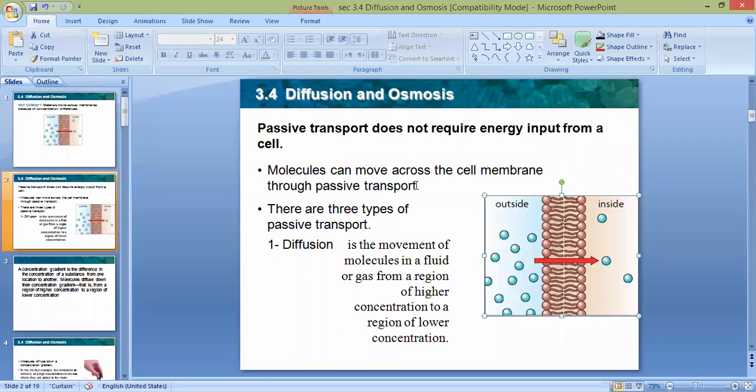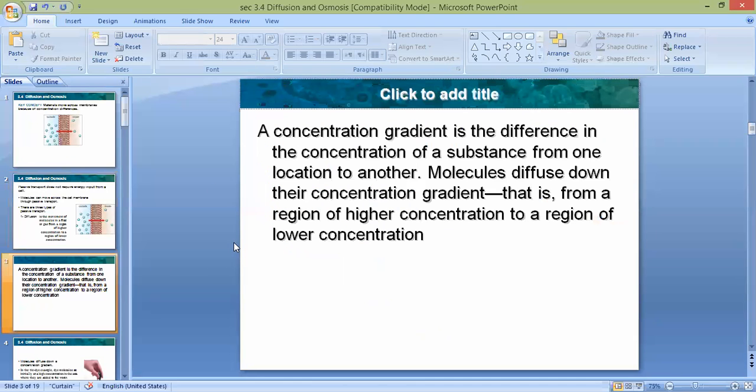Molecules can move across the cell membrane through passive transport. There are 3 types of passive transport: diffusion, osmosis, and what? Let's start with diffusion. Diffusion is the movement of molecules in a fluid or gas from a region of high concentration to a region of low concentration without requiring any amount of energy. It can go smoothly.